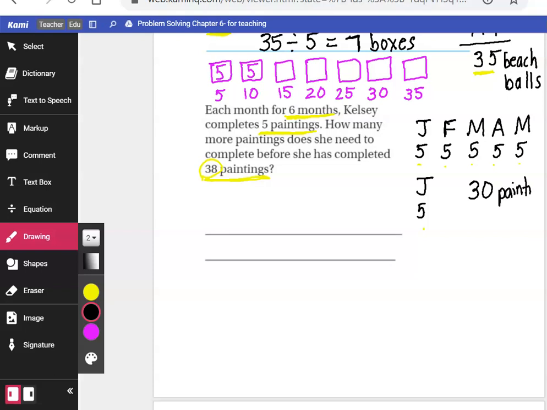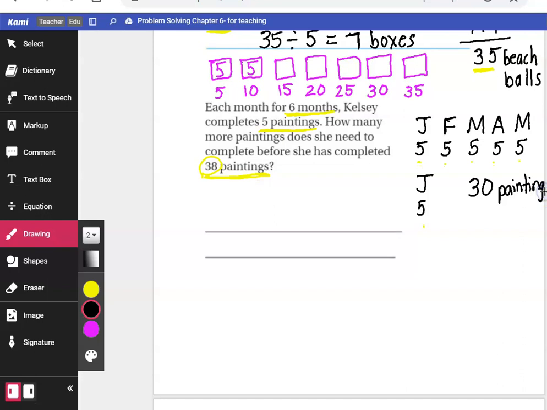But remember, this was a multiple step problem. And so now I have to figure out how many more does she need until she completes 38. So 2 ways we can do this. We can start at 30 and count on to 38. When we count on, we start with 31, 32, 33, 34, and we see what the difference is between 30 and 38.